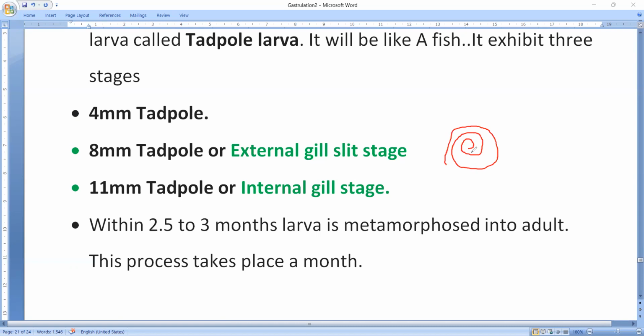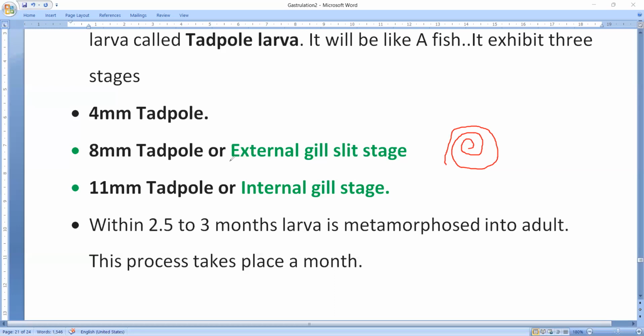Later it gradually decreases in size and becomes mostly straightened. The small intestine develops well during the metamorphosis.